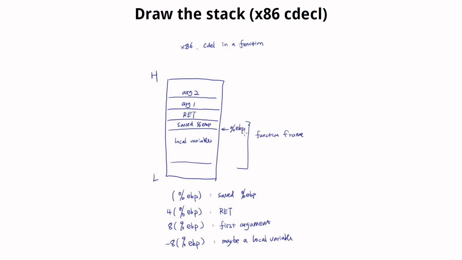The EBP, which is a base pointer, will point to something called the saved EBP, the caller's function frame address, the previous function's address. Then on top of that, we will have the return address where this function will return to. Then higher than that, we'll have all the arguments. There could be more than one argument. Then below that, there will be local variables.